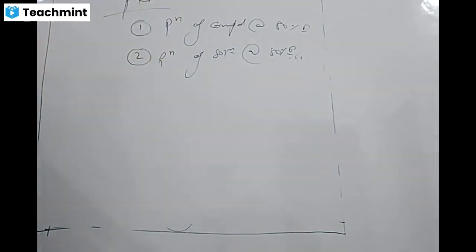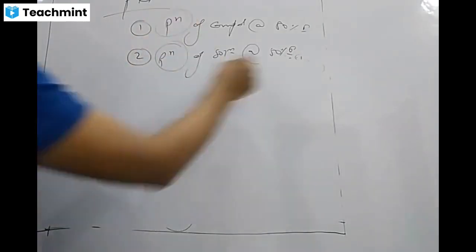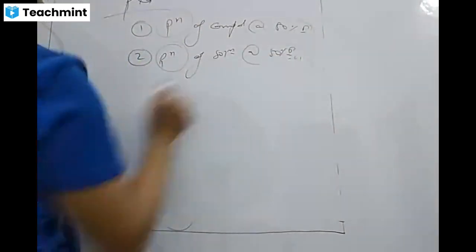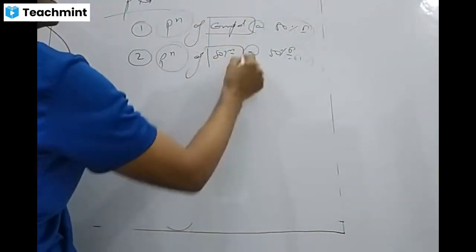In both cases, pH is given. In both cases, 50% ionized is given. So what is different? This is compound and this is solution.